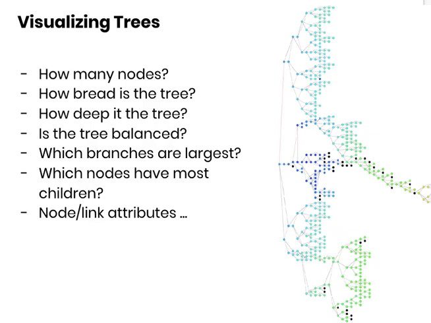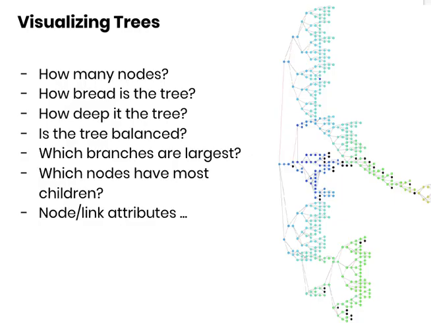Now, when we visualize trees, we want to support tasks. That's always super important. In visualization we talk about tasks we want to support, tasks people may have, which help us in the first place to decide whether we need a visualization to solve these tasks at all, and how we can find a visualization that best supports these specific tasks.